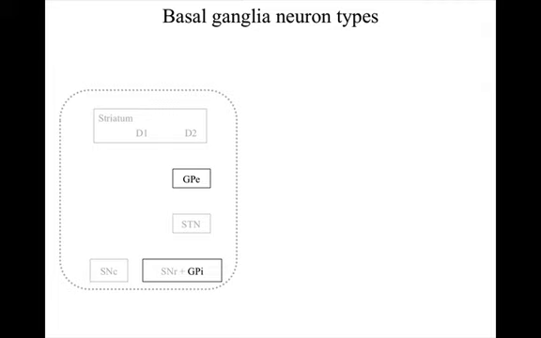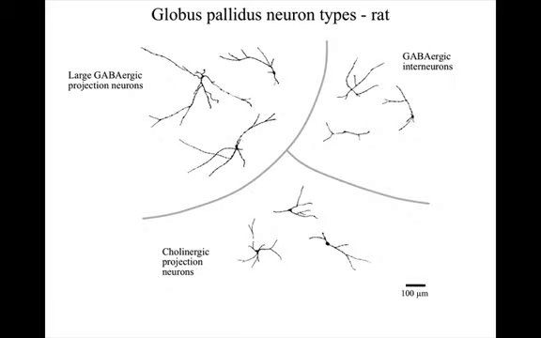Moving on to neurons in the globus pallidus, both segments have similar neurons. Three main types of neuron have been observed, at least in the rat. The most common is the GABAergic projection neuron, and there are about the same number of GABAergic projection neurons in the globus pallidus as there are in the striatum.